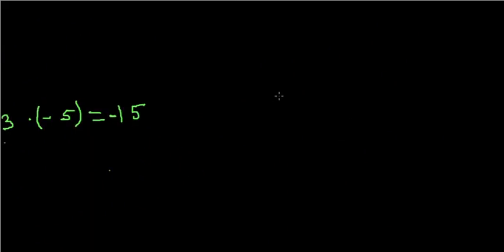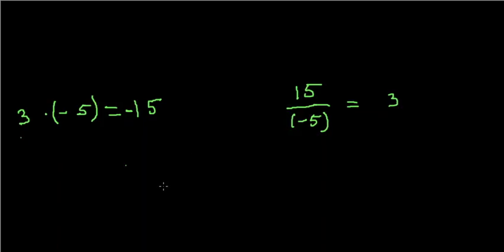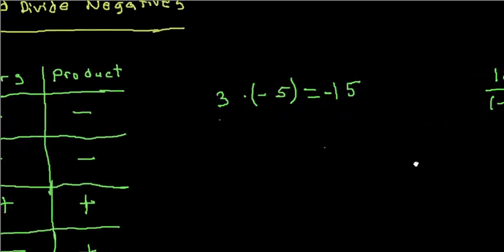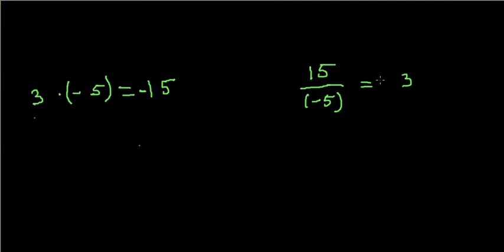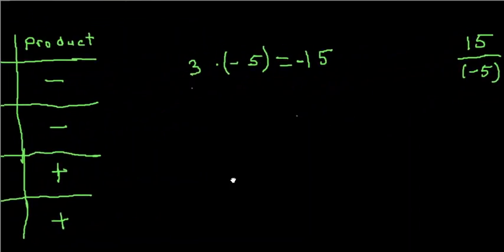If we have 15 divided by negative 5, again, I used parentheses so it's not confusing, the answer will be negative 3. Go back to the chart. The chart says 15 is positive and the second number is negative, so the product, or even if you divide, it will still be negative.